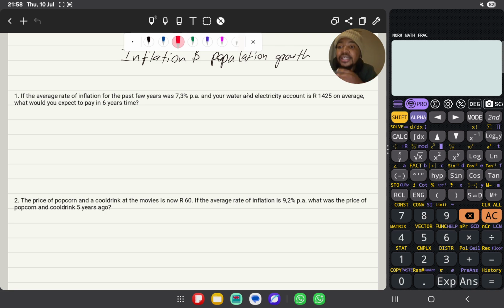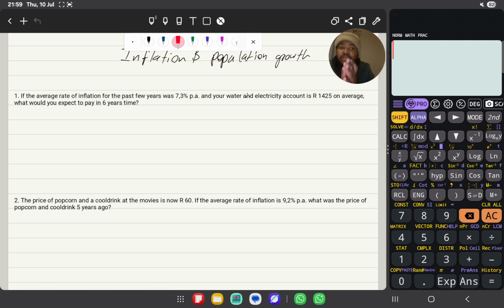So we have a question here. The average rate of inflation for the past few years was 7.3% per annum, and your water and electricity amount is 1,425 on average.